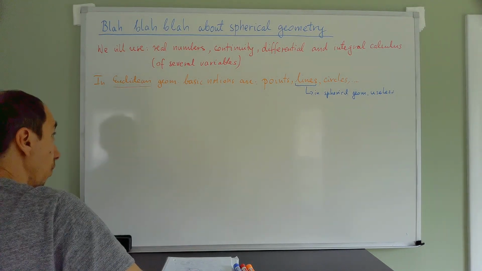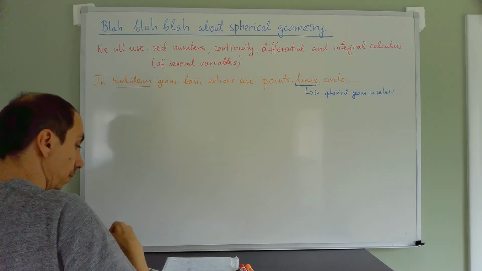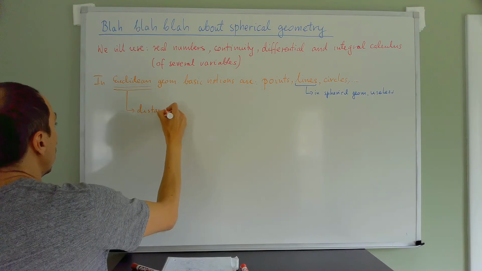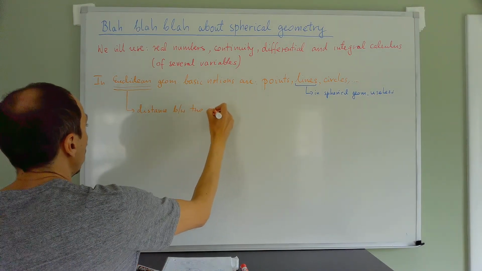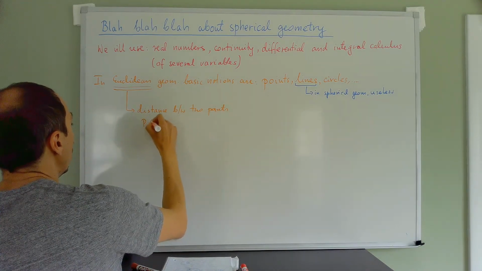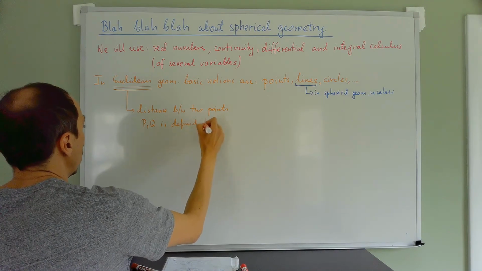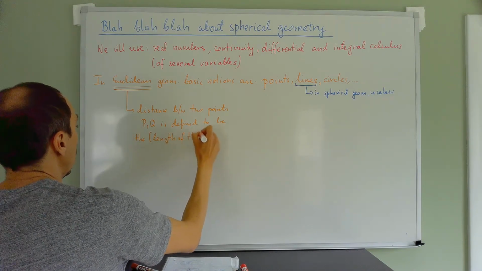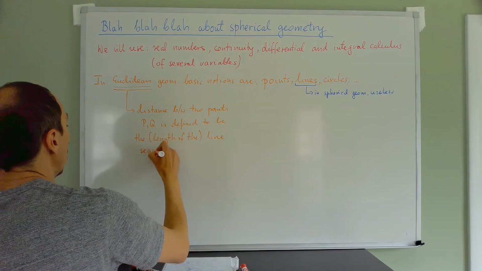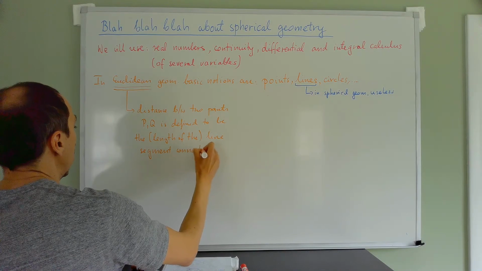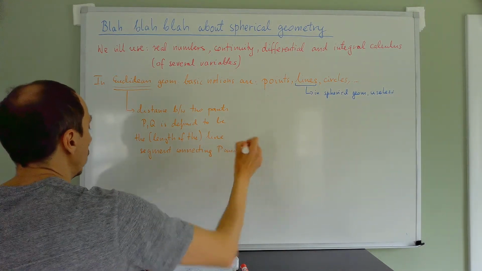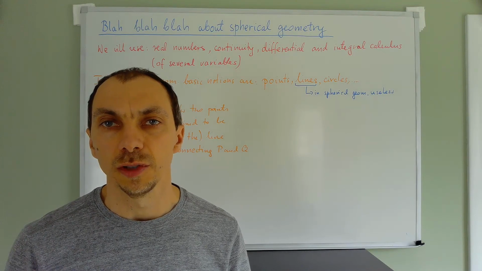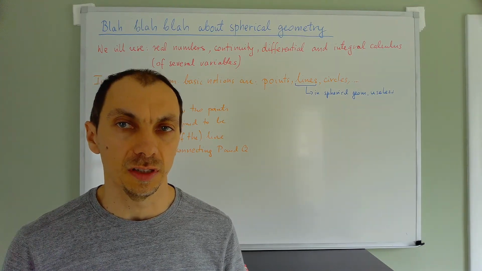And the distance between 2 points, P and Q, is defined to be the length of the line segment connecting P and Q. In fact, in standard Euclidean geometry, one even uses the notion of line to mean sometimes curve, so we should say straight line segment.